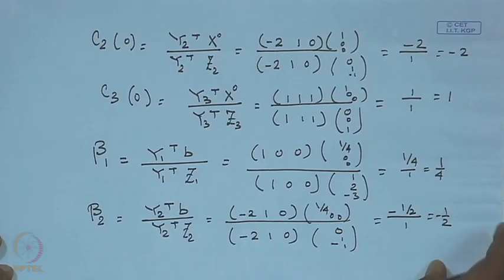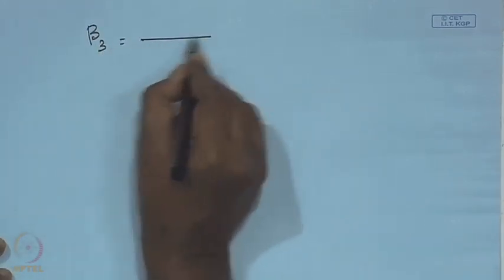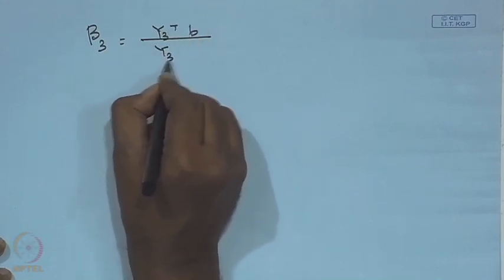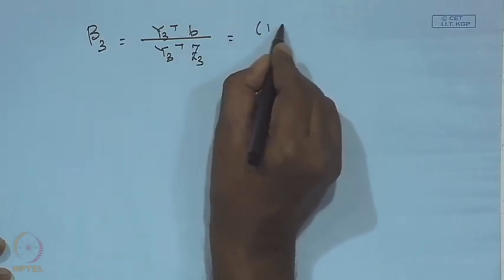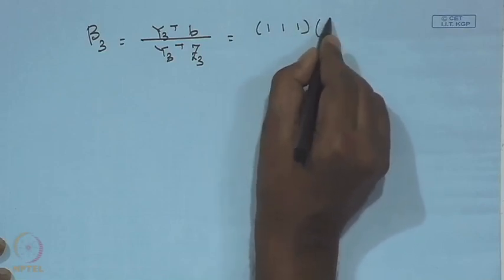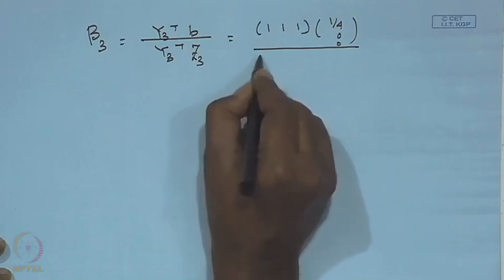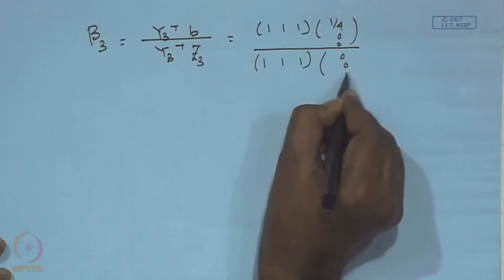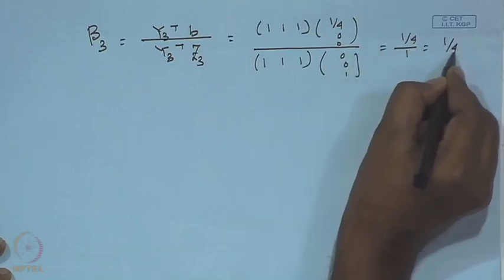Similarly, we can have beta_3 as y_3 transpose b over y_3 transpose z_3. So, this will be [1, 1, 1] times [1/4, 0, 0] divided by [1, 1, 1] times [0, 0, 1], and this will be 1/4 divided by 1. So, it will be 1/4.